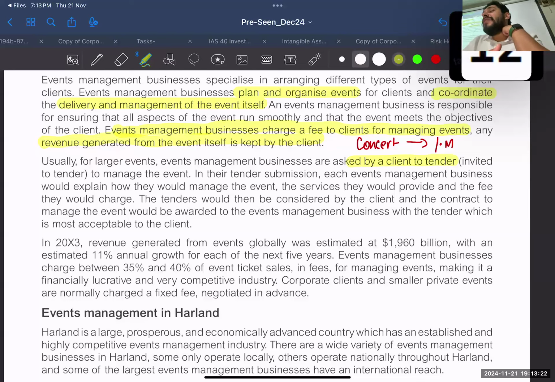Now, by looking at this specific line, I'm getting an intimation. Yes, it's a bid. I'm getting an intimation that they may ask you that we have recently quoted for one of the biggest events in the industry, and we are being asked to provide a tender. So help us in making a quotation for my client.